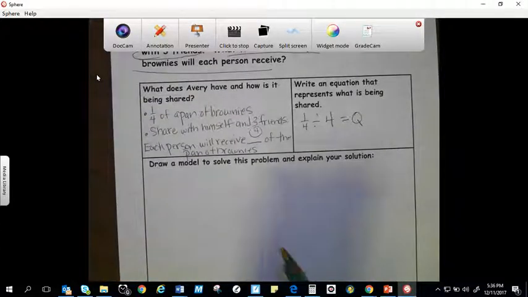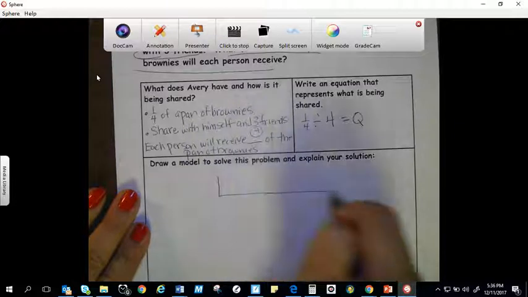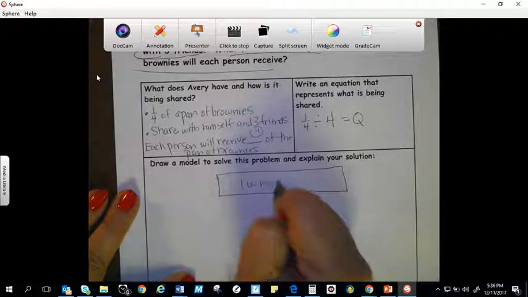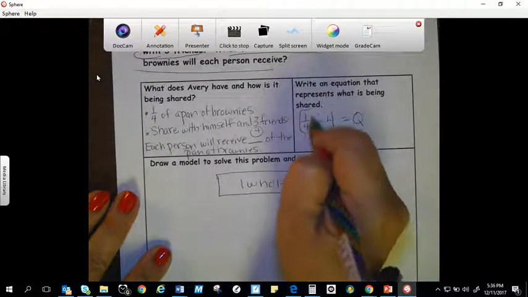Draw my model. And so my model is going to be, I'm going to represent it with 1 whole fraction. That's my benchmark. I'm going to only use 1/4.